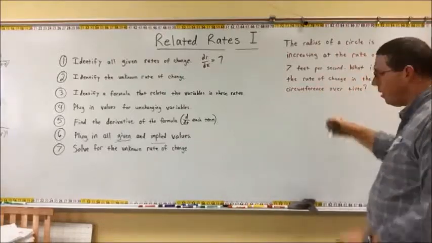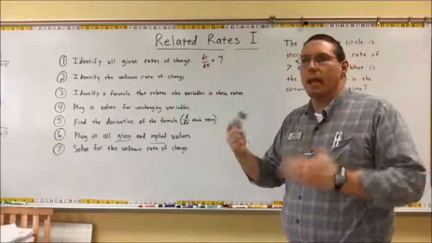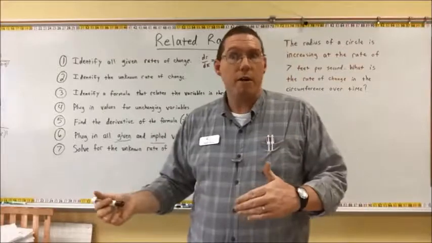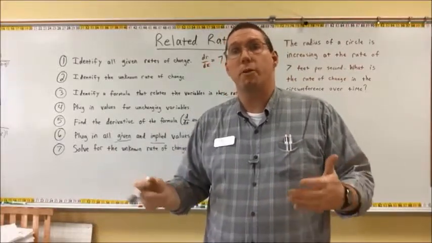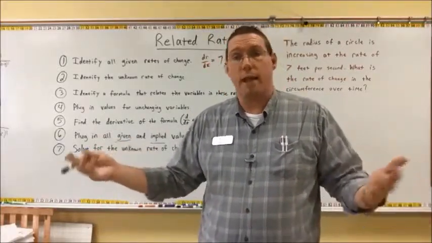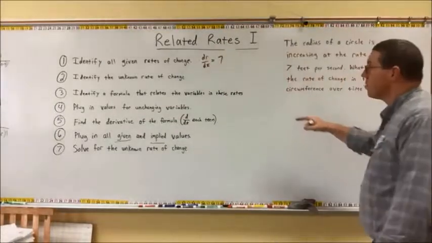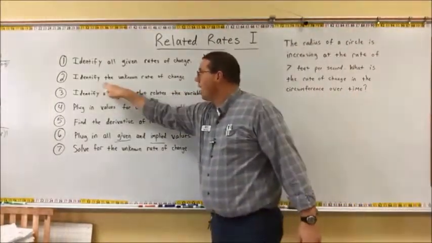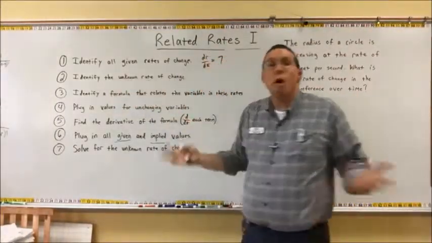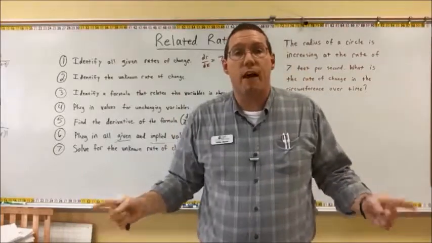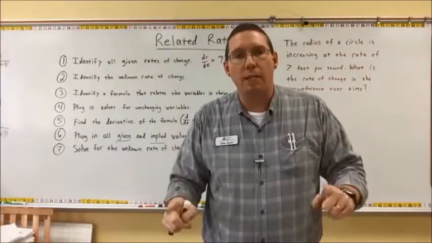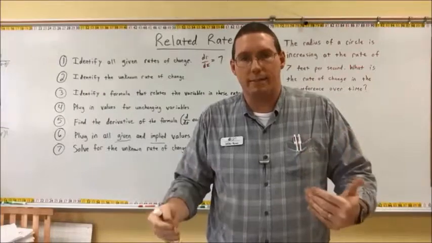If there was another one, if it said something else is decreasing at the rate of 2, we'd say the rate of change in that is negative 2. All right, the next step says, identify the unknown rate of change. Which rate of change are they asking us to identify?